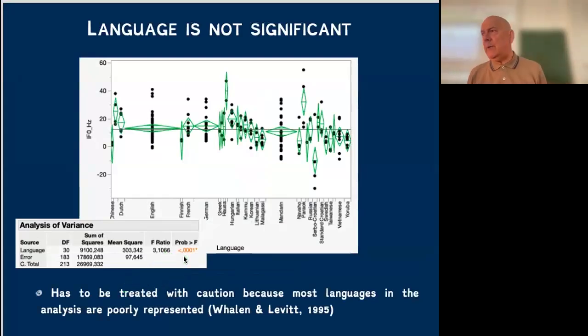But Whalen and Levitt in fact say, we have a very unbalanced sample here, so the fact that it does not turn out significant has to be taken with caution. In fact, I have to say the same thing. The fact that my analysis comes out significant also is undermined by that unbalanced sample. So it's very difficult to draw conclusions about this.